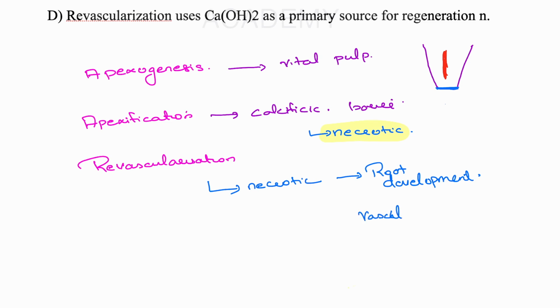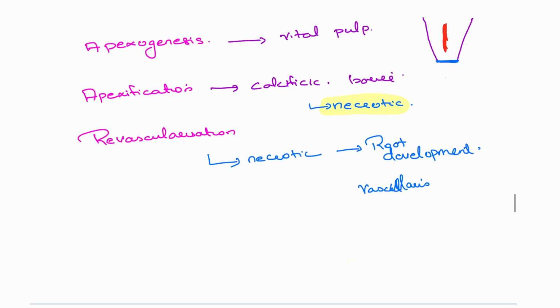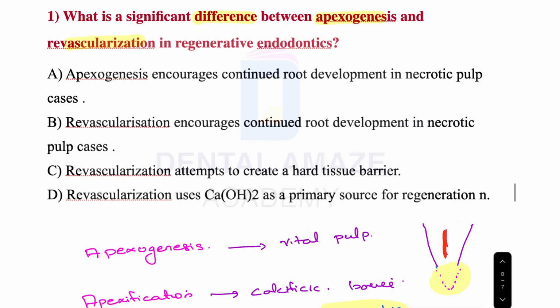New blood vessels are developed and the pulp dentine complex is also developed. So technically it's the same continued root development, but as there is no vital tissue, we first have to revascularize, and this revascularization allows the stem cells to come there and help in the development of the root dentine complex.